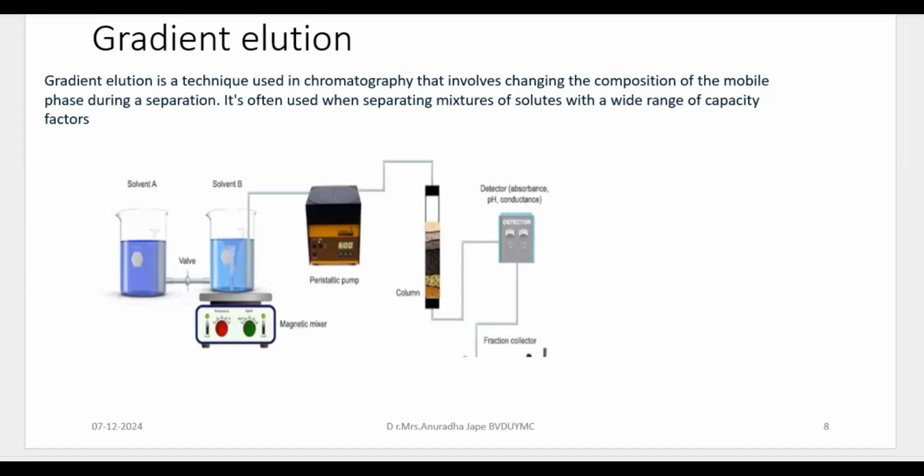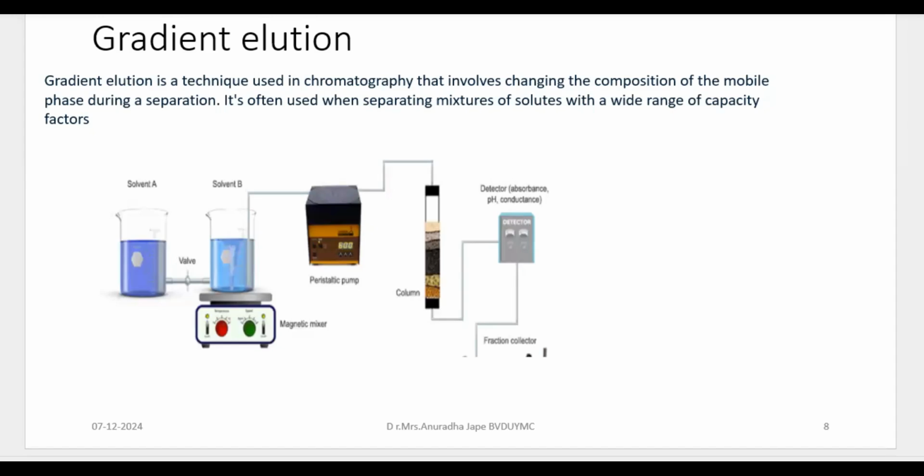But if it is tightly packed, the rate of flow of the mobile phase will be affected. It will resist the flow of mobile phase through it, and the flow rate will automatically get reduced. So it is very important to pack the column optimally so that it functions well at a good flow rate, right? These are a few things to remember when we talk about the mobile phase and its working.